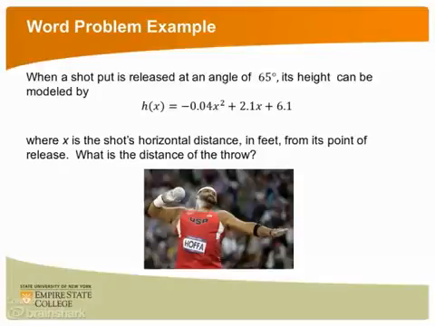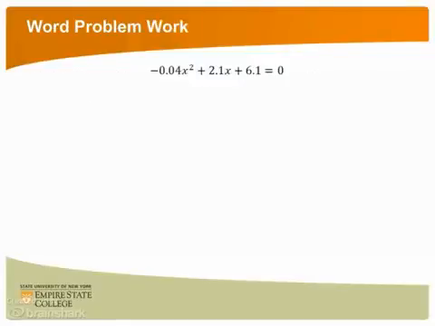We want to find the total distance of the throw. Because we want to find the distance of the throw, we need to find out how far the shot travels when it hits the ground. When the ball is on the ground, its height above the ground is 0. So this problem asks us to set the equation equal to 0 and then solve for x.